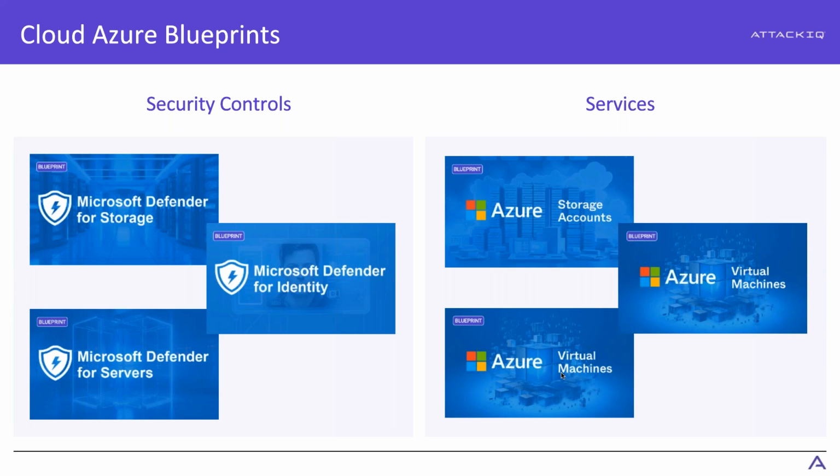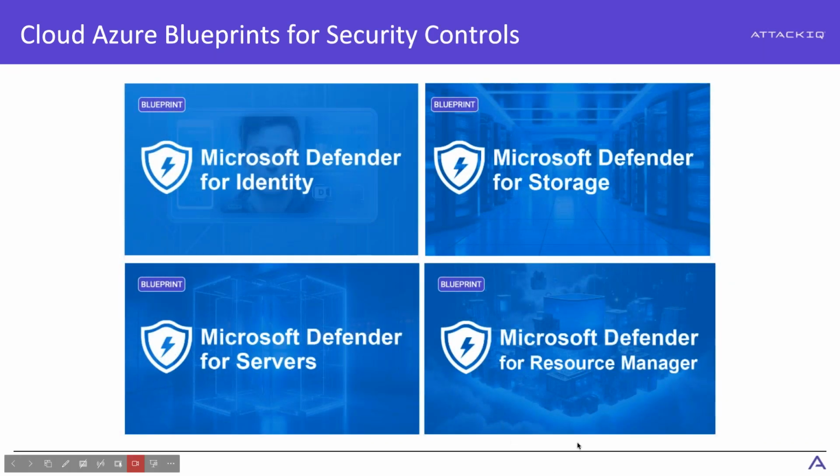Whereas in the services group, you have actual Azure resources or services, depending on what you want to call them, like storage accounts and virtual machines, that you're centralizing your testing around. So that's the main difference. You're going to see all of these blueprints available in the platform. So let's get into what they are.